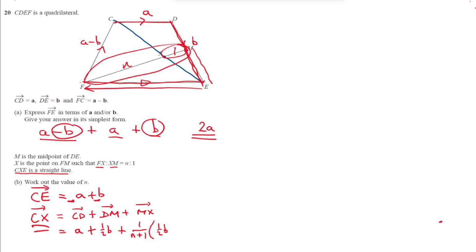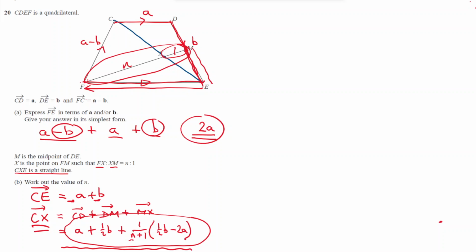Well, EF is just the opposite direction of FE, which is what we worked out in part A. So, just to recap, we want MF, so we have ME, which is half B, and then minus 2A, which accounts for E to F. So if you look at that now, and just pause for a moment, we have this expression here, which is in terms of little a and little b.